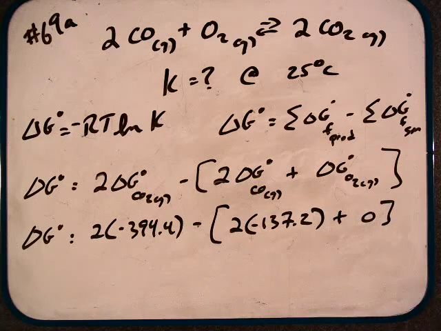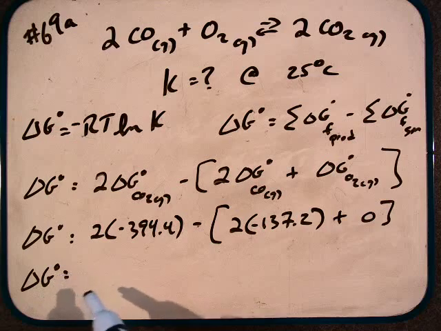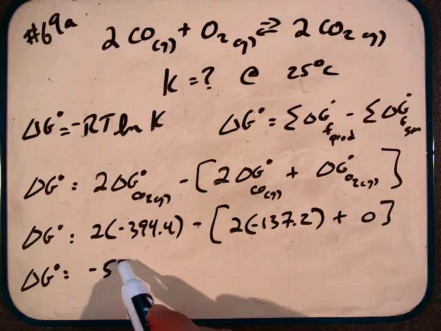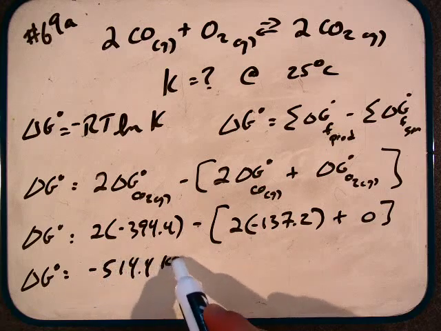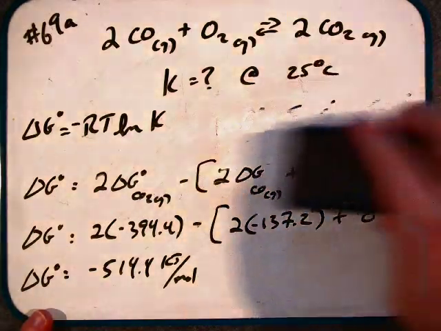Delta G and delta H for elements as they appear naturally is always 0. And so from this, we can solve for our delta G to be equal to negative 514.4 kilojoules per mole.